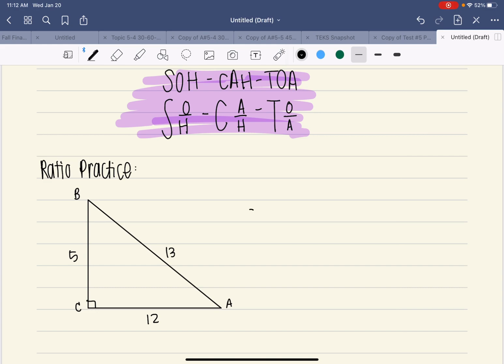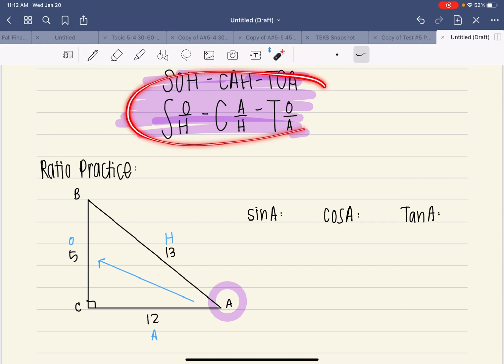Okay, I want to find sine of A, cosine of A, and tangent of A. So if A is my perspective, then my opposite side is 5, and my adjacent side is 12. And my hypotenuse always is 13. So then I just need to rely on SOHCAHTOA in order to put my ratios in the right spot.